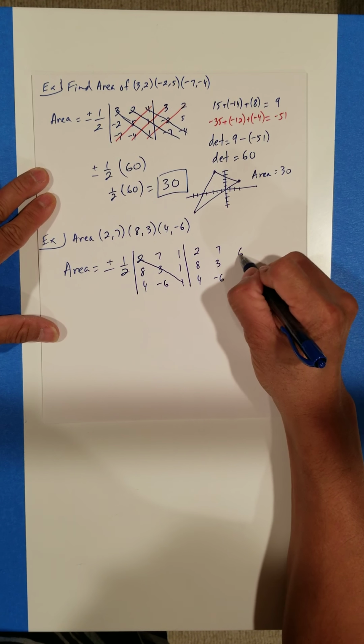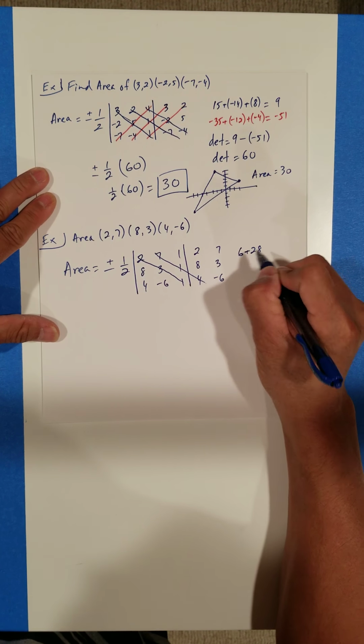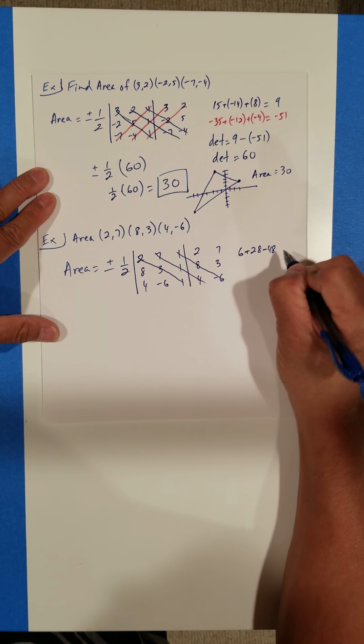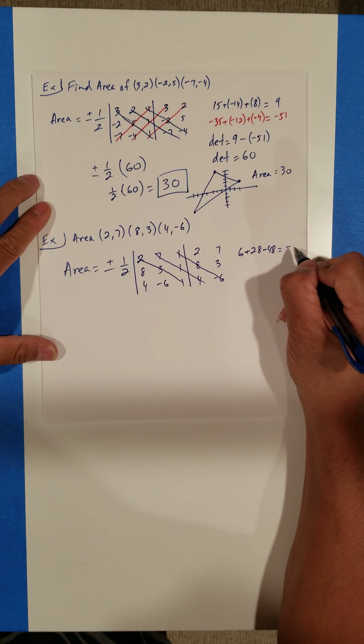We get 6, 28, -48. So here our grand total for that is going to be -14.